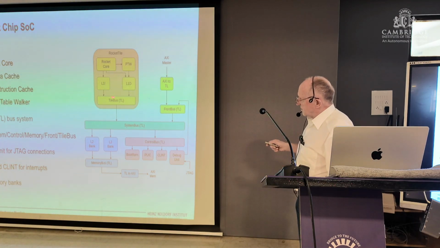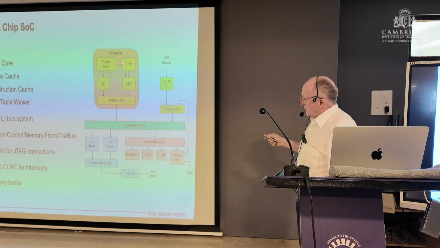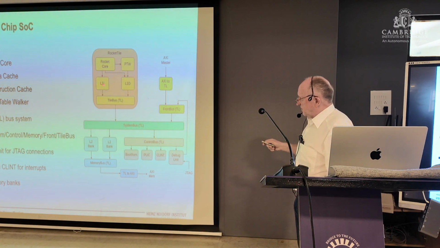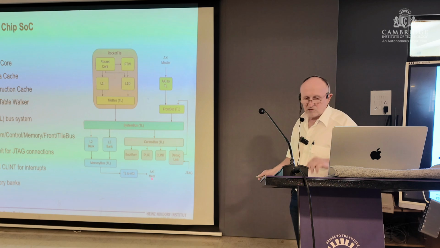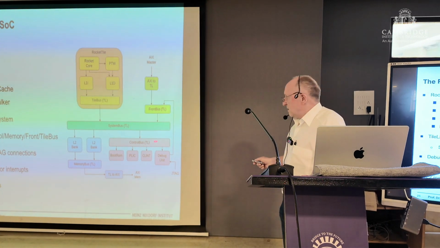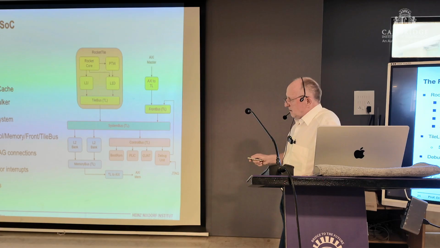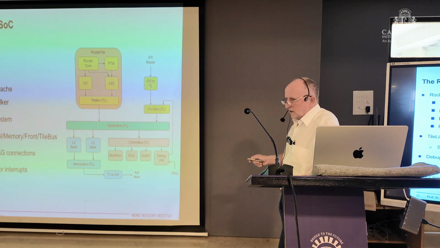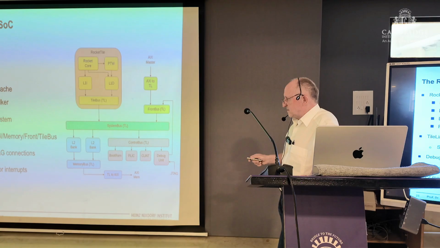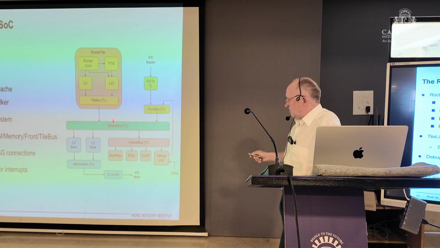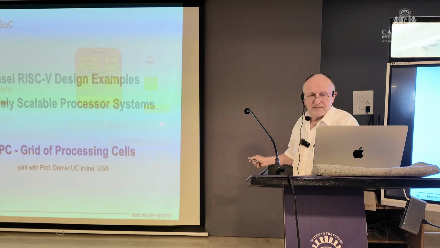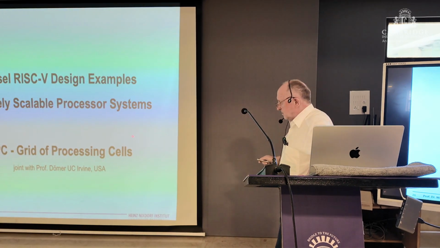You have a so-called rocket tile with the rocket core, a page table walker, level 1 caches, and a connection to the buses, which then connect to the other peripherals. I don't want to go into the details here. Chipyard has a special bus system, and the bus system is called TileLink. Therefore, everything is in TileLink. So, how to use this?